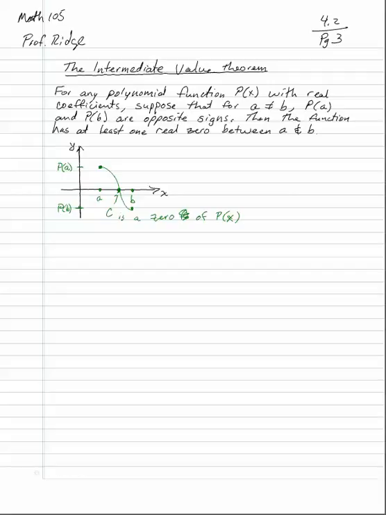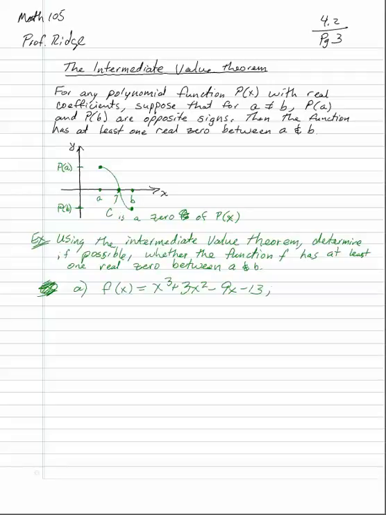I mean, we cross it once, three times, five times, and still connect those dots. But we know we have to cross it at least once. There's no way to do it without crossing the x-axis. Okay, so that's the intermediate value theorem. And I kind of call it the high-low game. So if you find one value that's above, one value that's below, somewhere in between those two is where it's equal to 0.